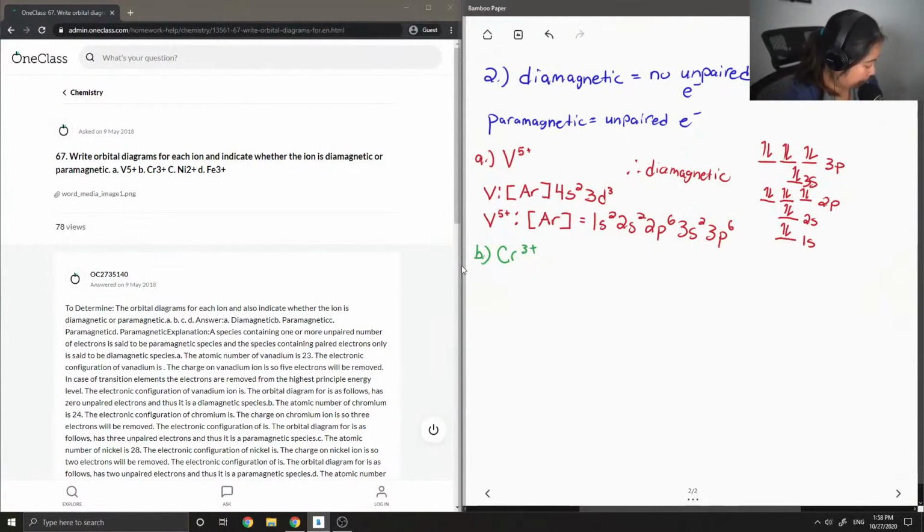So I'm going to draw out the long electron configuration for chromium.